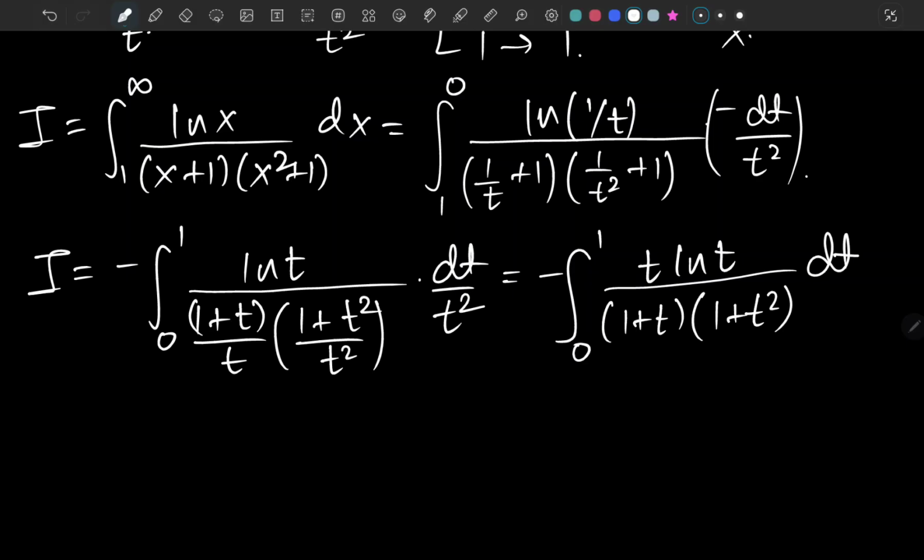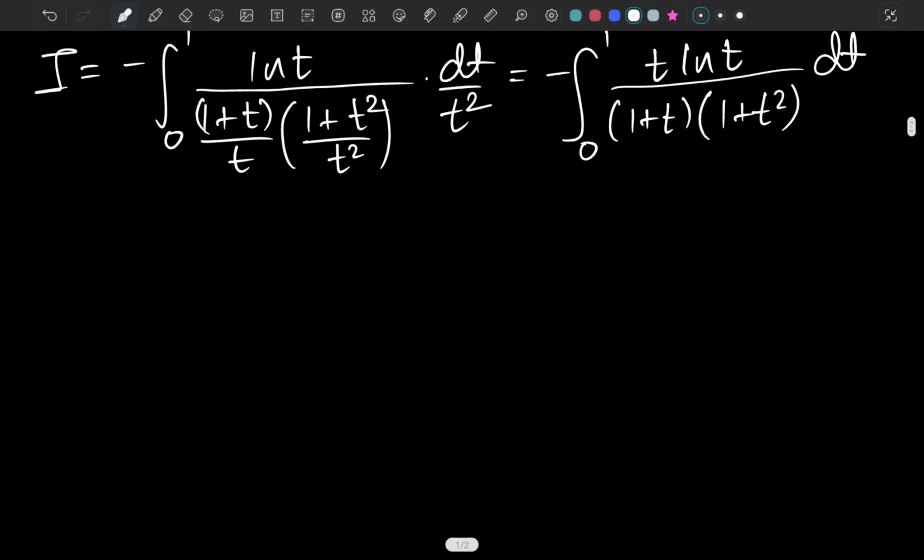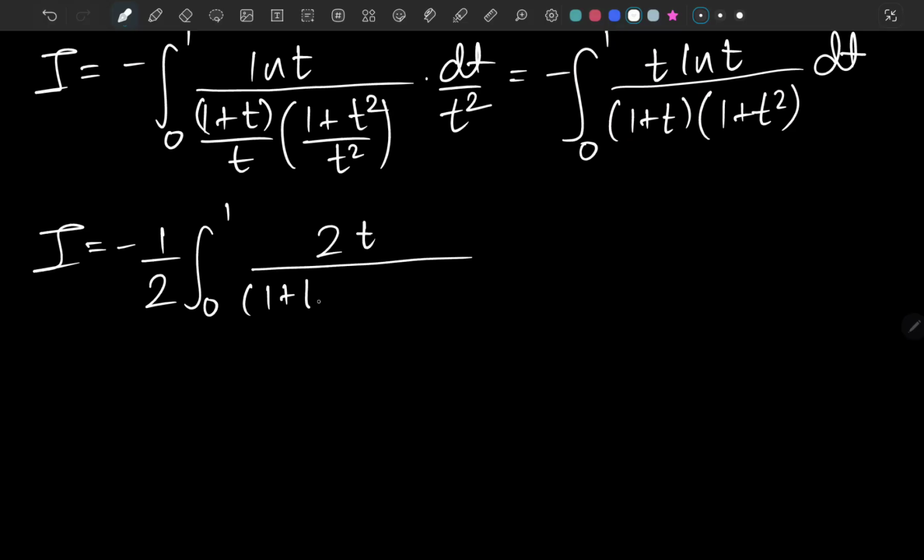From now onwards we are just going to work on this integral. I'm going to multiply and divide by 2 here, so 2t over (1 plus t) times (1 plus t squared). Don't worry, I have not forgotten the ln t here.